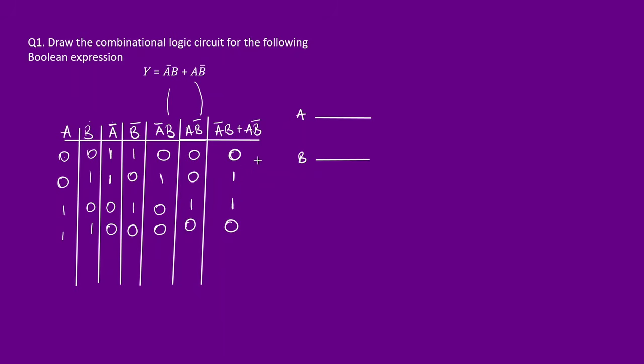So recall we handle each term individually first. So we need to design not AB. So this is not A. So we need to introduce the not gates in our A row, and output it. So not AB, these are being added together.